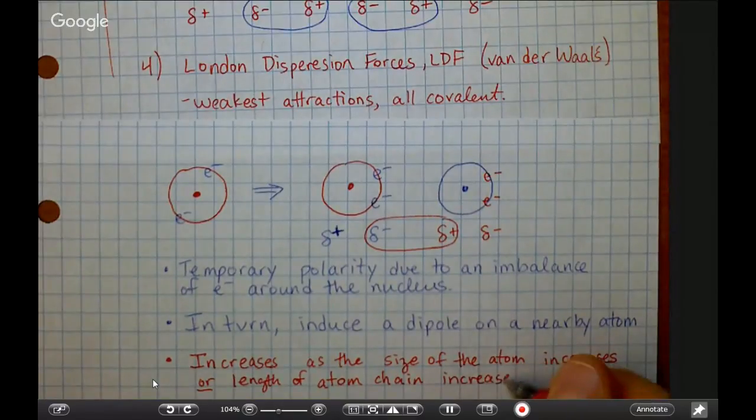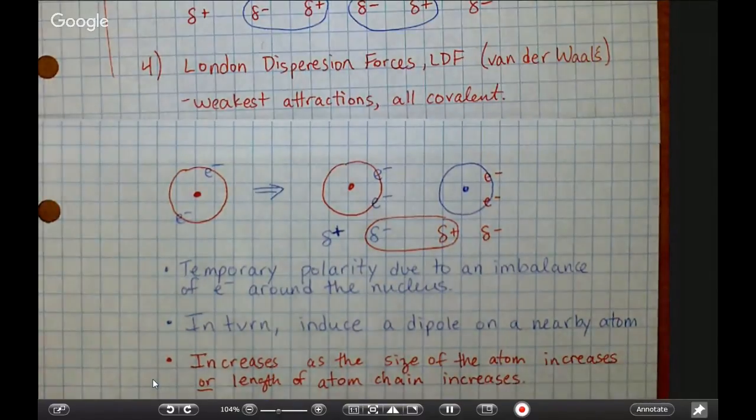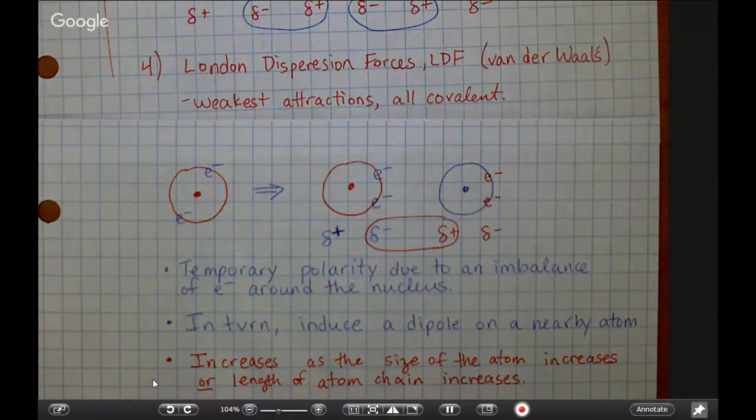So basically, as the size of the atom or the molecule increases in size, then we're going to have a greater effect from the dispersion force.